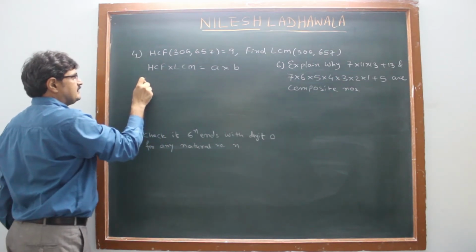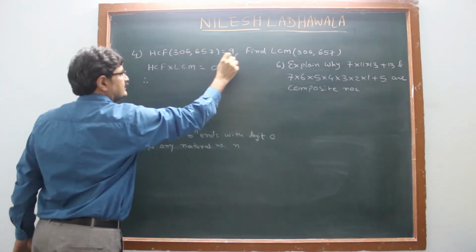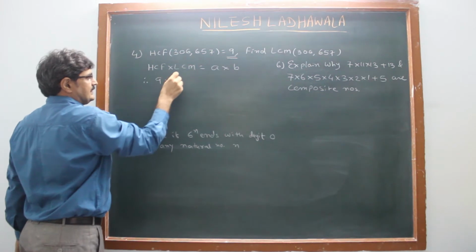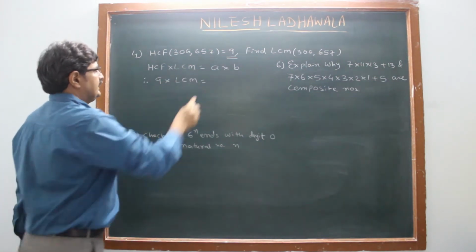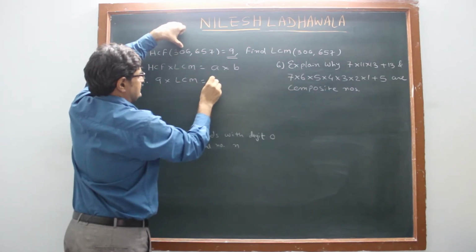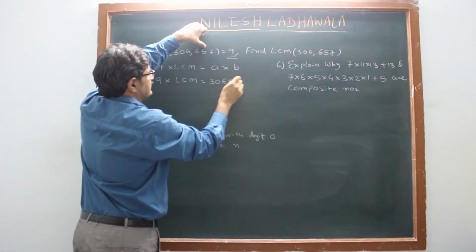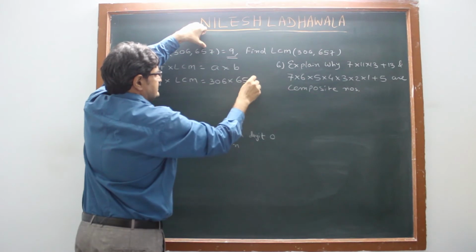Instead of HCF, I can write 9, and LCM I have to find, so I will write LCM as it is. Instead of A, I will write 306, and instead of B, I will write 657.